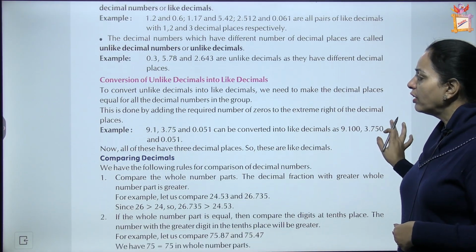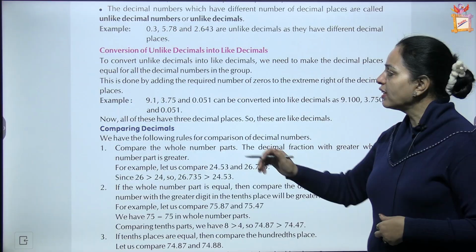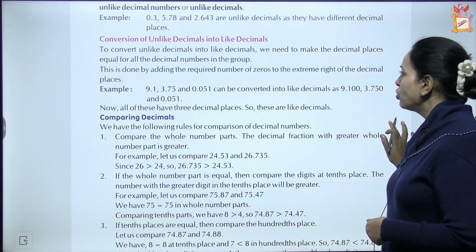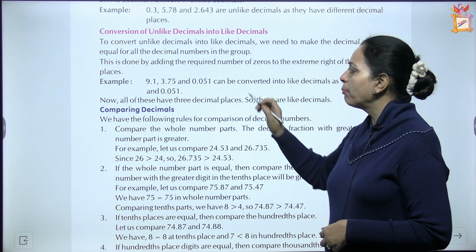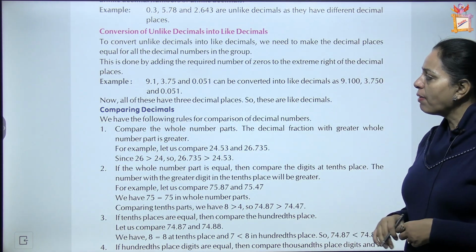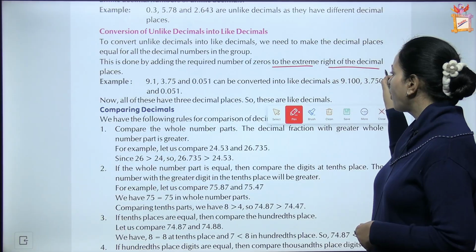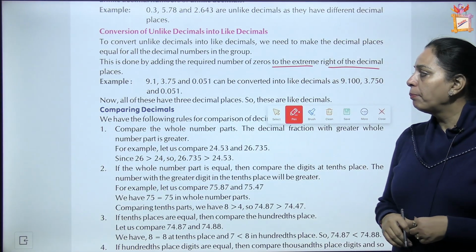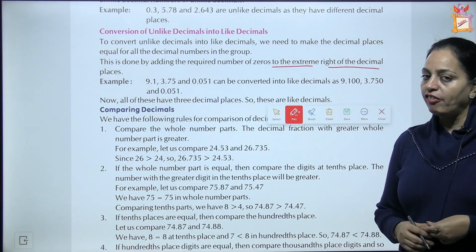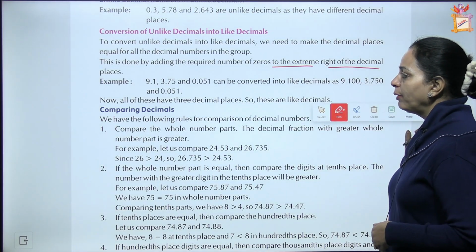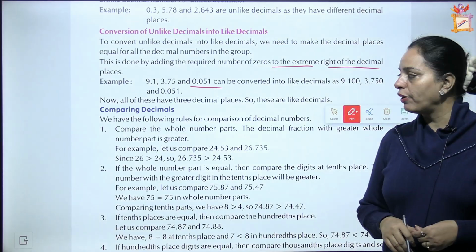Now we can convert unlike decimals into like. How? To convert unlike decimals into like, we need to make the decimal places equal for all the decimal numbers in the group. This is done by adding the required number of zeros to the extreme right of the decimal places. We can add zeros on the right, not on the left. See example 9.1, 3.75 and 0.051.